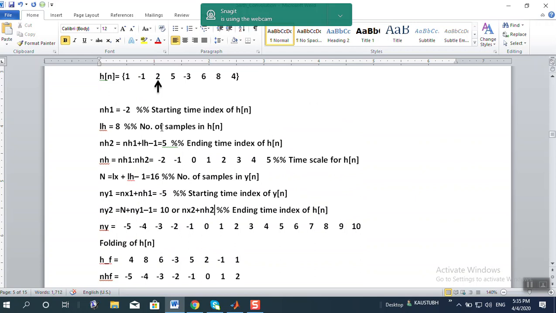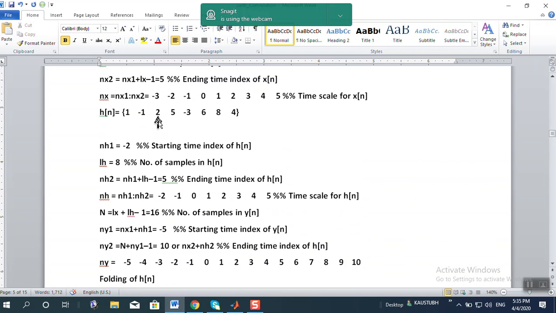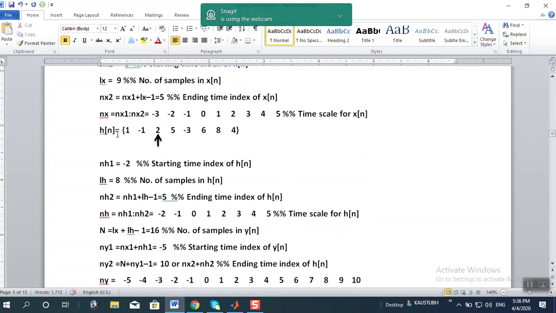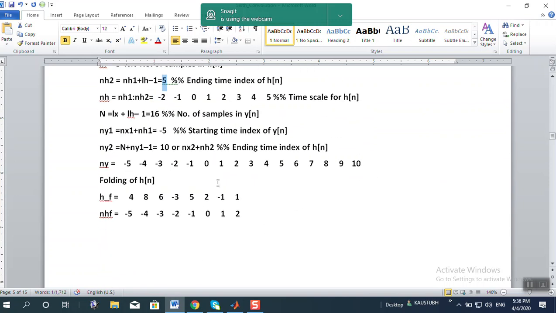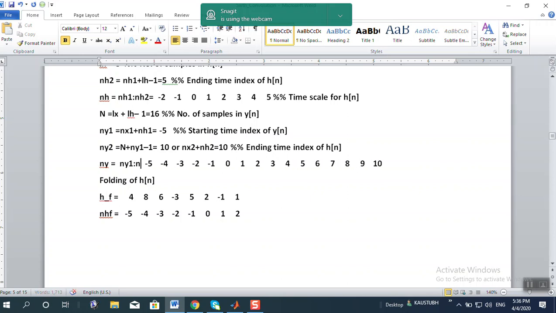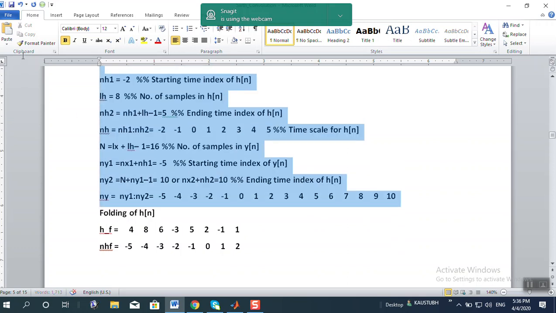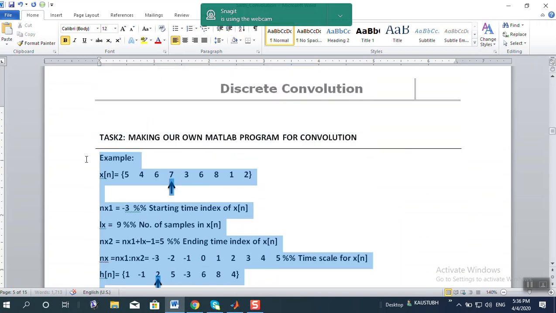So nx2 is 5 and nh2 is also 5, so it is also 10. Okay, so ny is your ny1 to ny2.